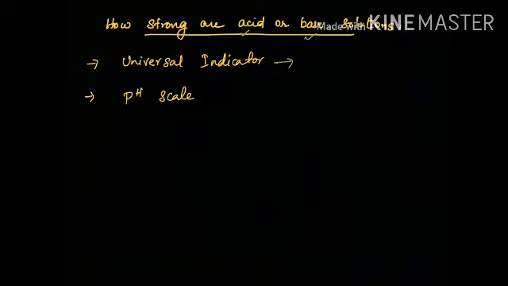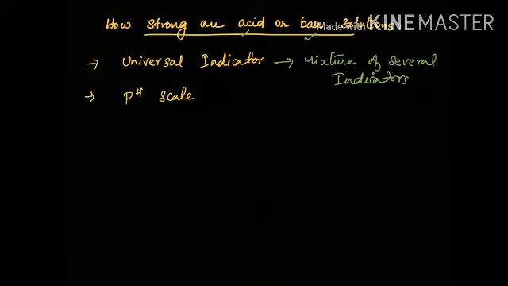What is a universal indicator? A universal indicator is a mixture of several indicators. Now, how can we find out whether this is a strong acid or a strong base?